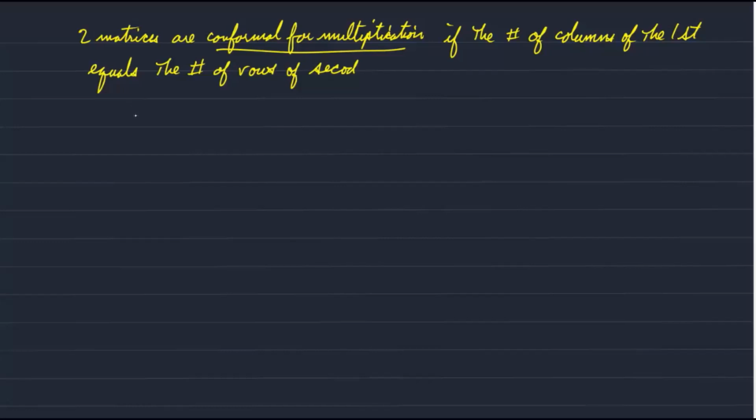As an example, if we had a matrix A that was, say, 10 by 3, and we tried to multiply it by matrix B, which was, say, 4 by 2, then we cannot do this. These two matrices are not conformable for multiplication.